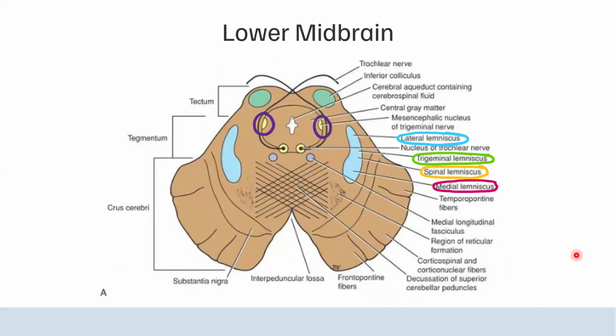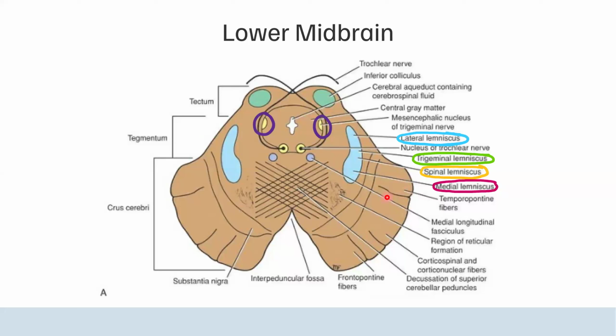Okay. The midbrain, once again, has a lower midbrain and an upper midbrain. How do I know that I'm in the midbrain? Well, I begin to see these crus cerebri, which are projections that are going to go to the cerebrum. Within the crus cerebri, we're going to have all of our corticospinal fibers, our frontopontine fibers, basically all the motor, because this is super, super anterior, right?